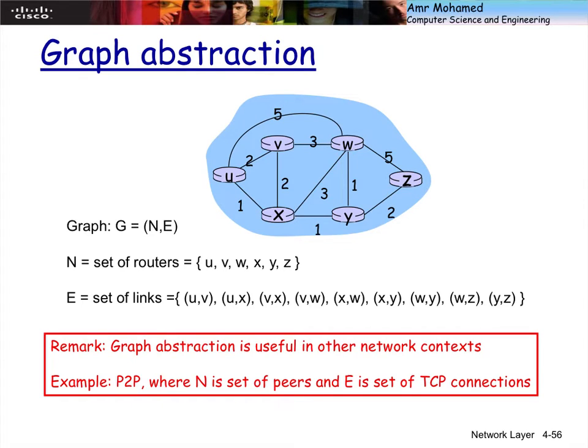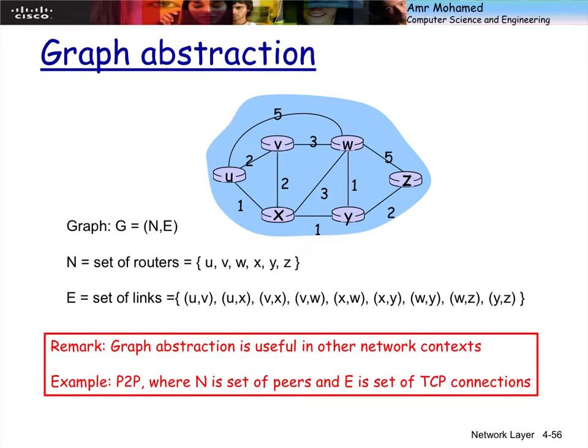And that's agnostic to the underlying topology of the network. So we don't care about the physical topology of the network, right? So we can also use graph abstraction to model the peer-to-peer TCP session establishment, for example, right? So in that case, the cost here would model, for example, the TCP cost between two peers, okay? Regardless of, or agnostic to, the underlying topology completely.